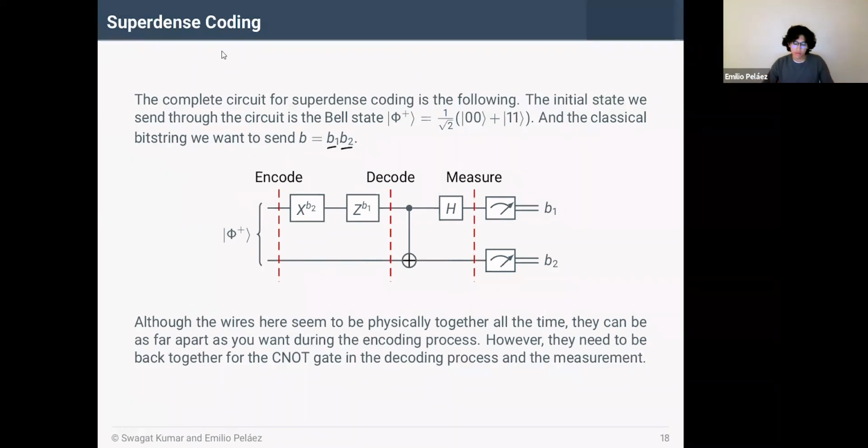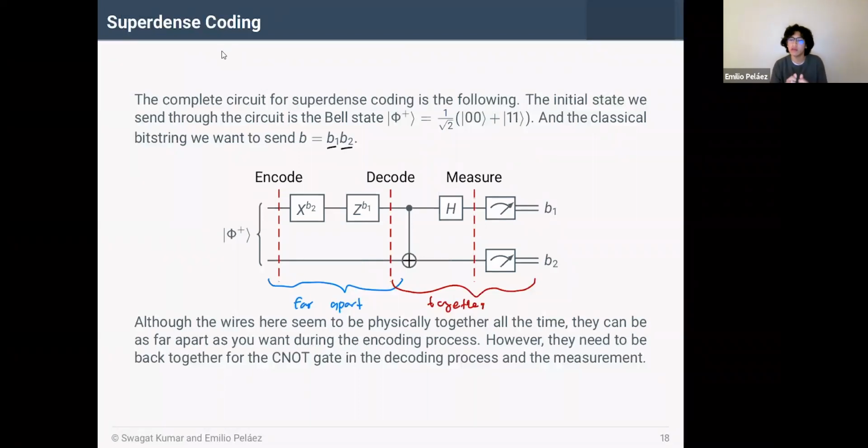Again, although the wires here seem to be physically together all the time, they can be as far apart as you want during the encoding process. But for the decoding and the measurement, they need to be together because we are applying a CNOT gate, and the CNOT gate depends on locality.